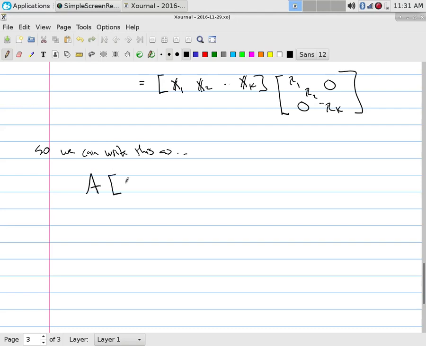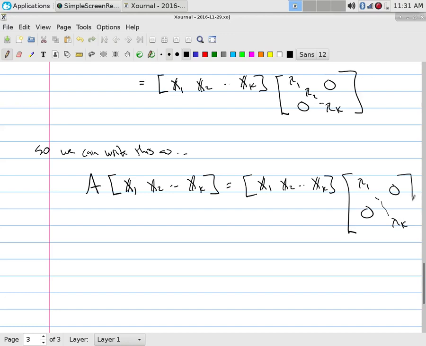A times x1, x2, up to xk is equal to x1, x2, up to xk times a special diagonal matrix of lambda 1 and lambda k with zeros.